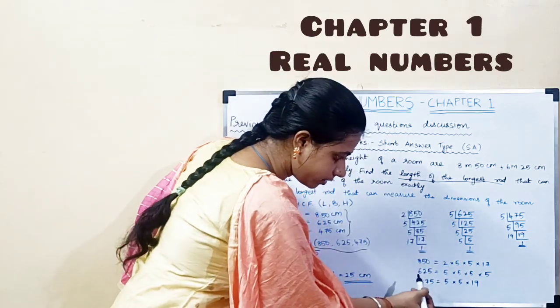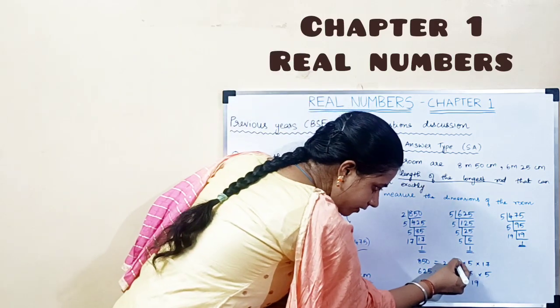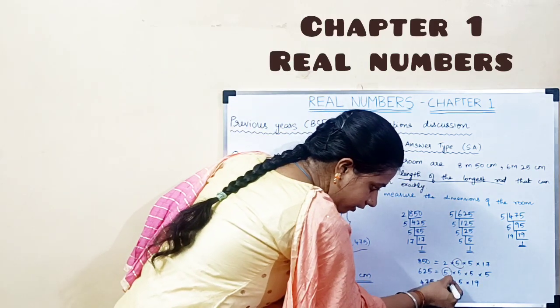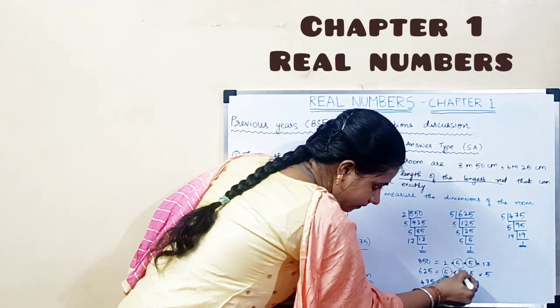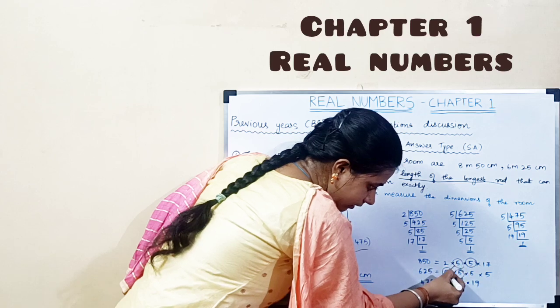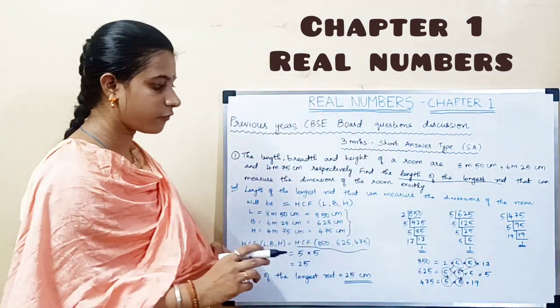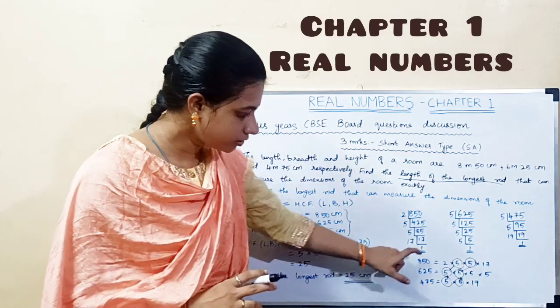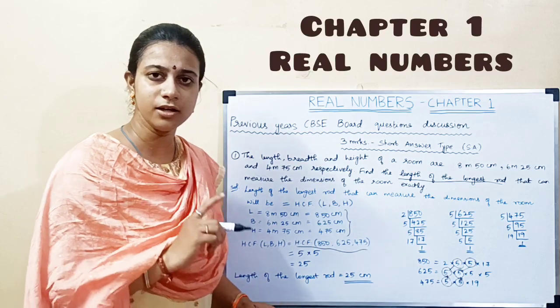So 2 is not common, 2 is not present in 625 or 475. 5 is common in all these 3. Another 5 is also common here. So these 3 is one set and these 3 is another set. For finding the HCF, among the common factors present in all the 3, we will consider it only once.